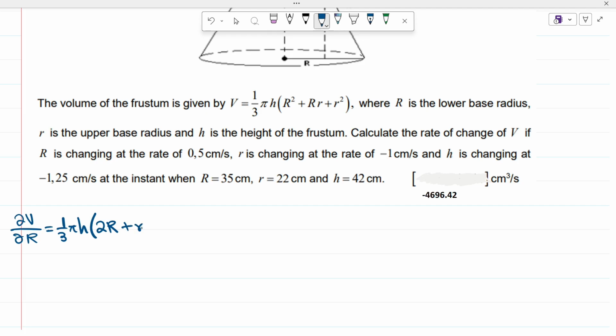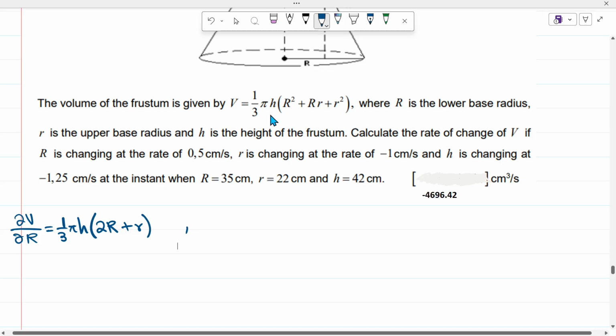I differentiated what's inside, because the 1 over 3 pi h is a constant since we're differentiating with respect to caps R. It gave me 2R, and then this gave me just small r.